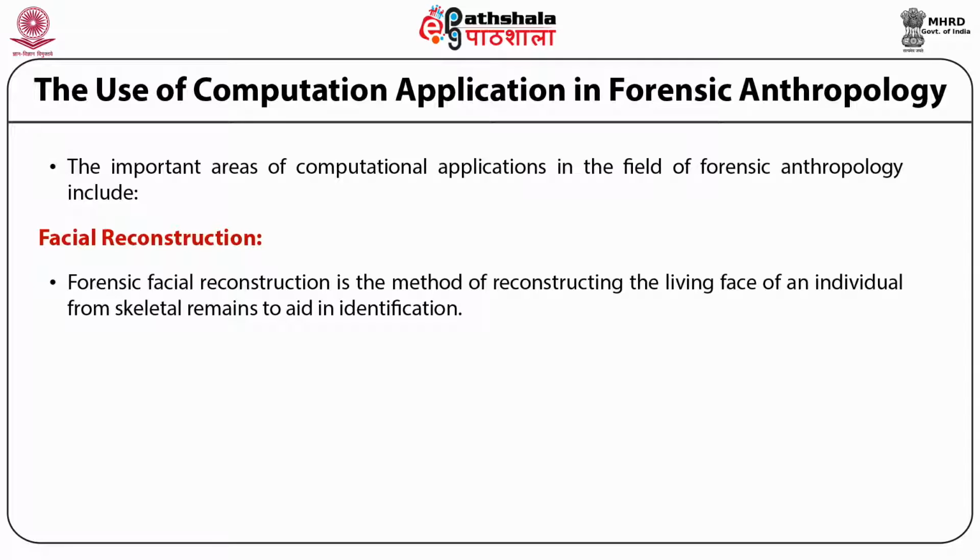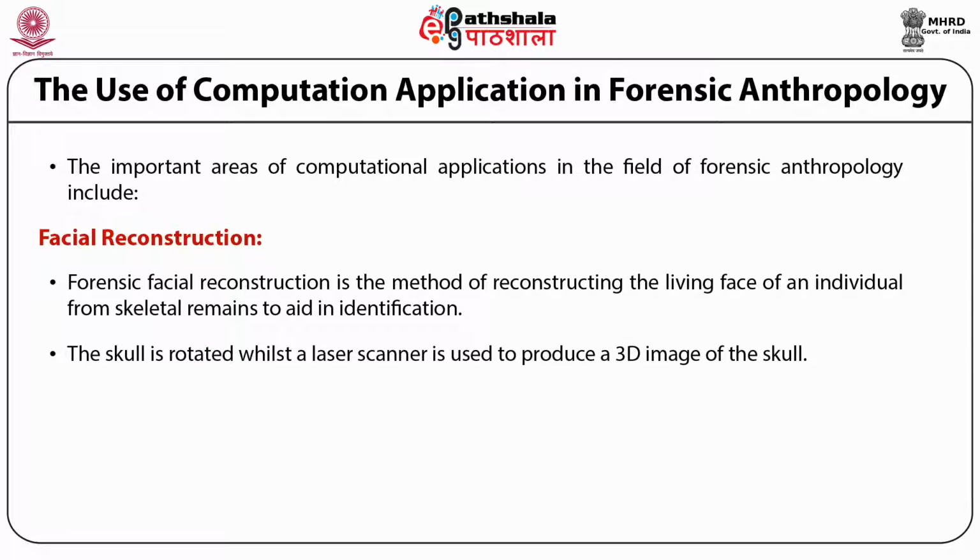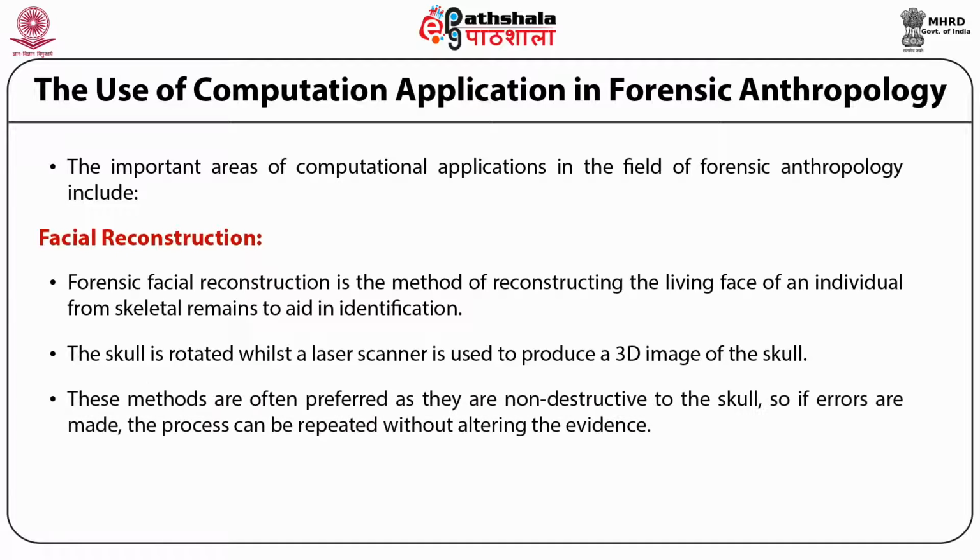In this technique, the skull is rotated while a laser scanner is used to produce a 3D image of the skull. These methods are often preferred as they are non-destructive to the skulls, so if errors are made, the process can be repeated without altering the evidence.